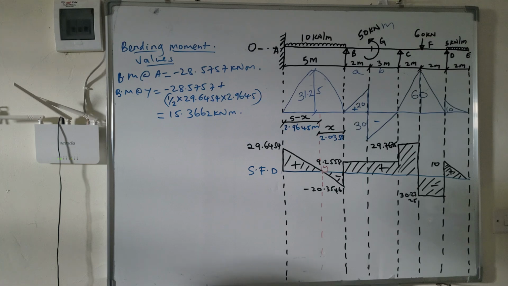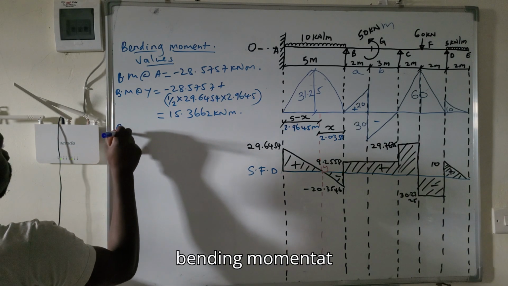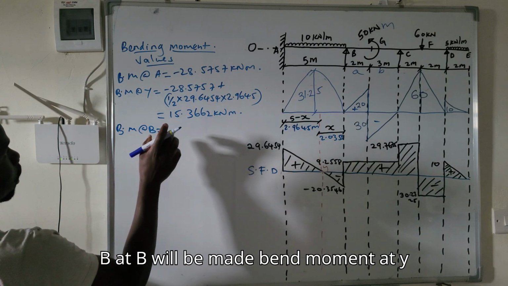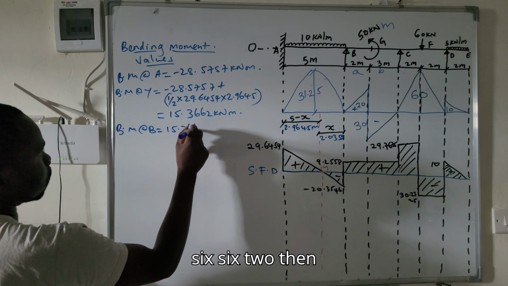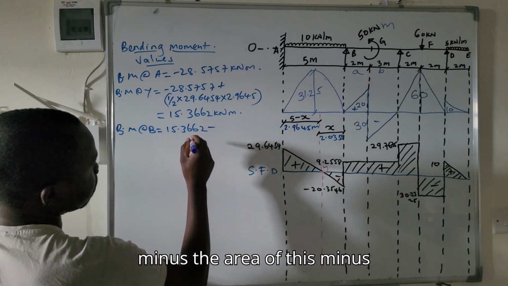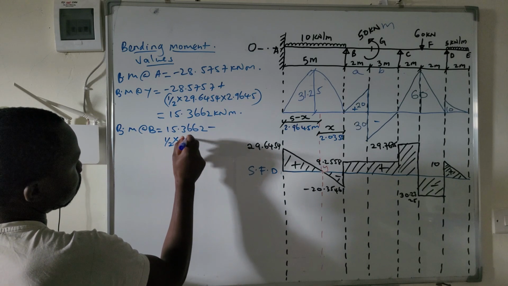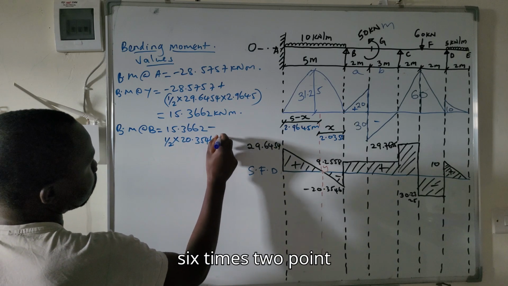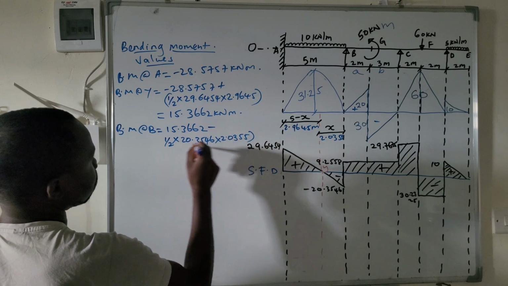Then we proceed to bending moment at B. Bending moment at B will be bending moment at Y, which is 15.3662, then minus the area of this, minus a half times 20.3546 times 2.0355.